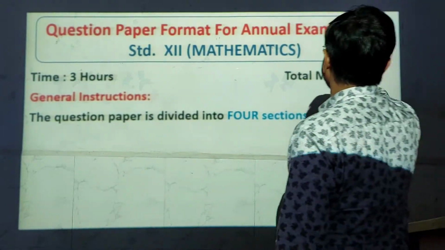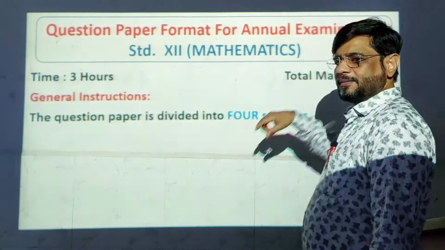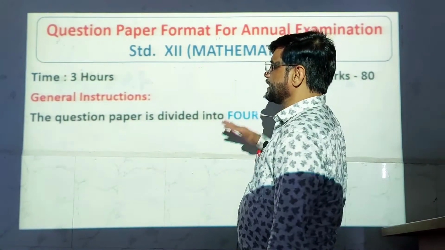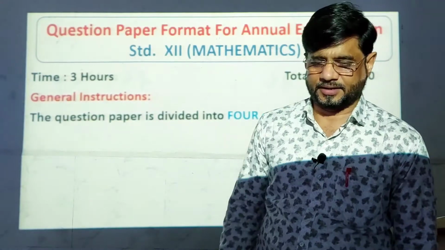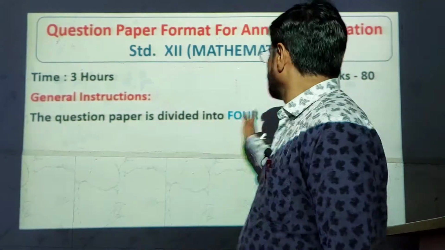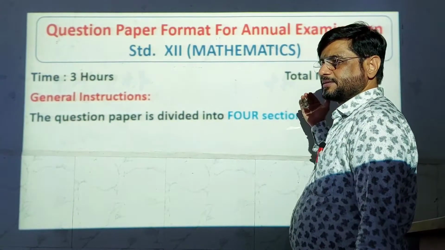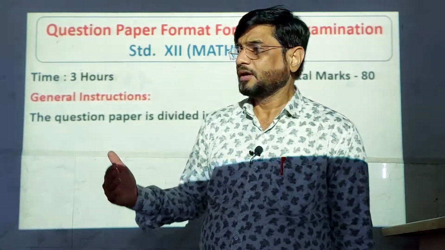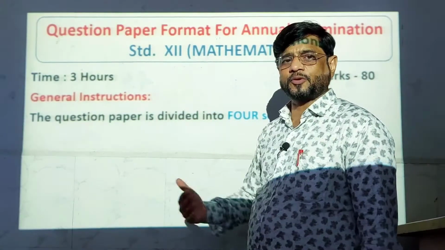The annual exam has 80 marks and there are 20 marks for practicals, so 80 plus 20 is equal to 100. Okay, but see, the 20 marks are nothing but based on paper 1 and paper 2.